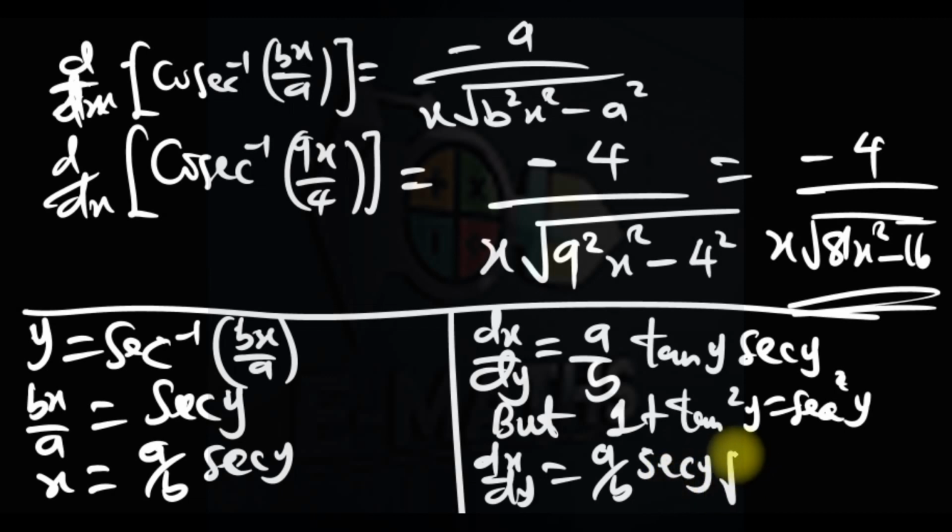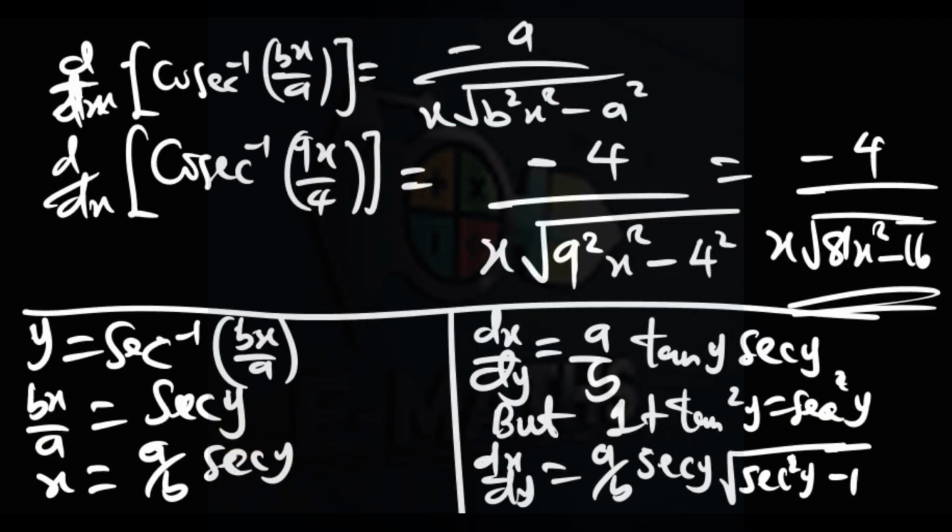Tan y is now equal to the square root of sec squared y minus 1. I made tan the subject of formula here, which is now the square root of sec squared y minus 1. So I now decide to write tan in terms of sec. So we'll continue.